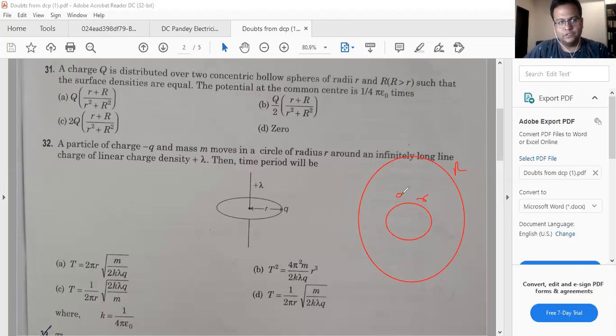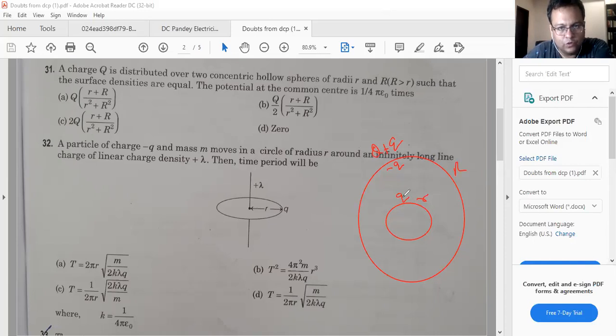Charge Q is distributed over two concentric hollow spheres.